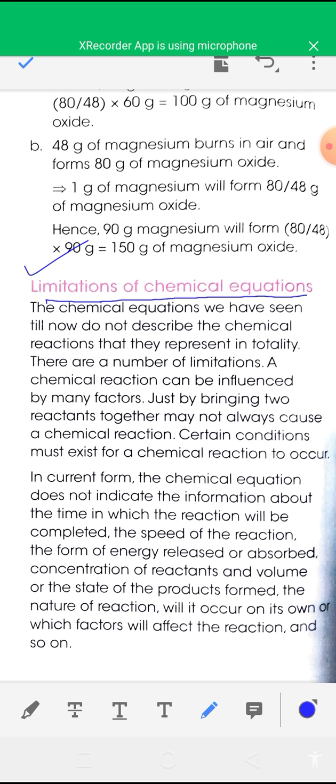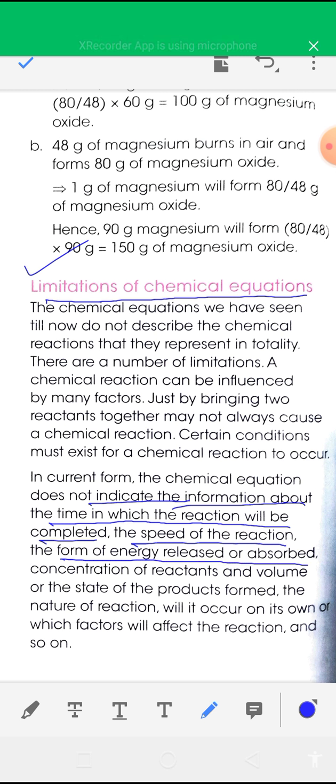In its current form, the chemical equation does not indicate the time in which the reaction will be completed, the speed of the reaction, or the form of energy released or absorbed.